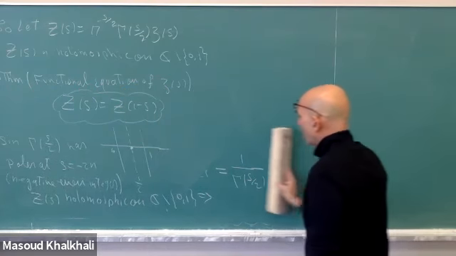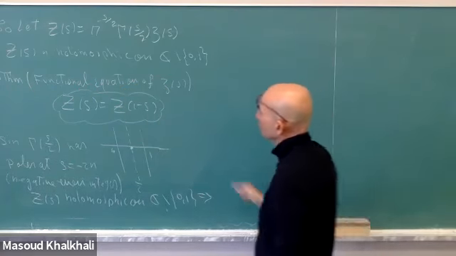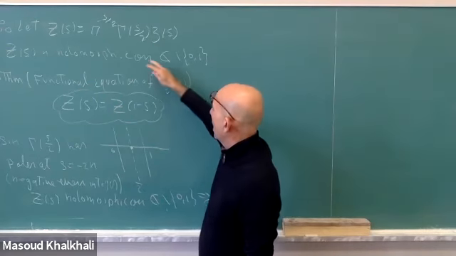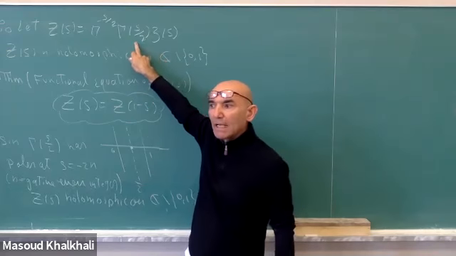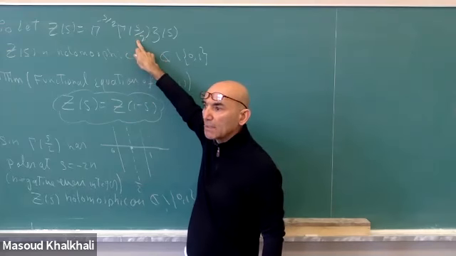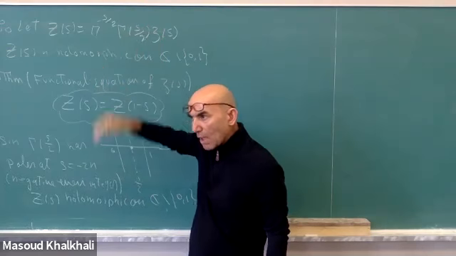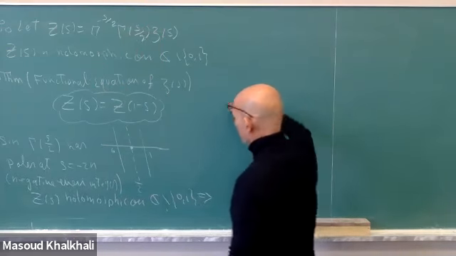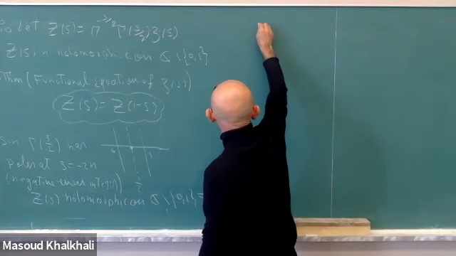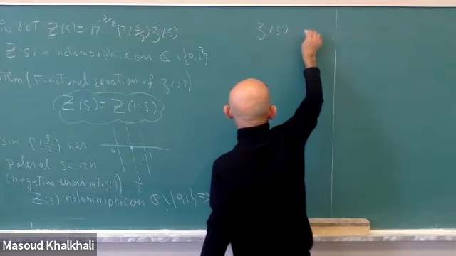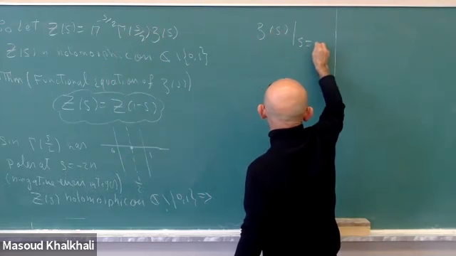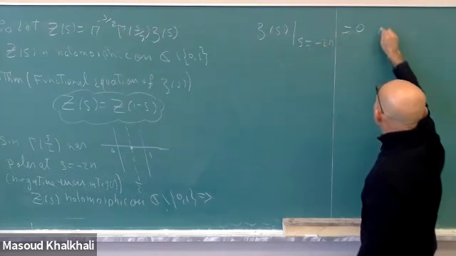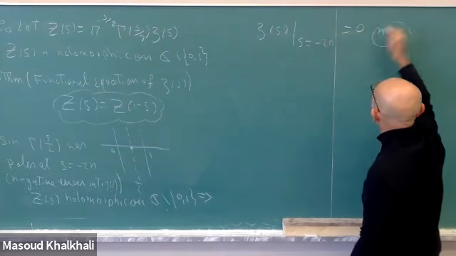So it implies that, okay, this function we know is holomorphic everywhere except at 0 and 1, but gamma of s over 2 has poles at negative even integers. So we conclude that zeta(s) at s equal to minus 2n is equal to 0 for n bigger than or equal to 1.